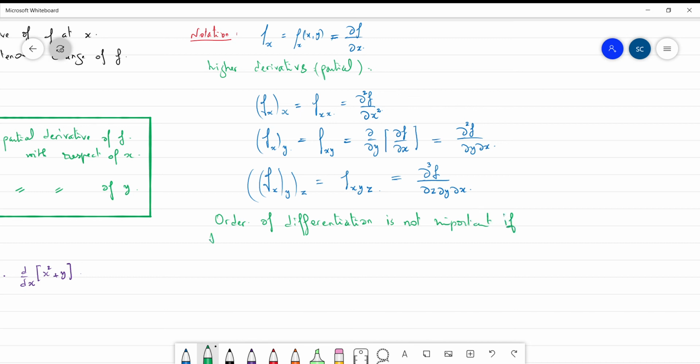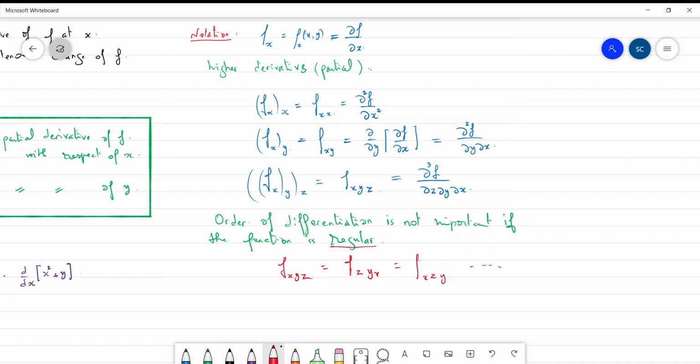The function is regular if you see from its formula that you can take any partial derivative with respect to x, y, and z, they are continuous, etc. Then the order does not matter, so for example fxyz will be equal to fzyx, will be equal to fxzy, etc. But it is not important only if the function is regular.